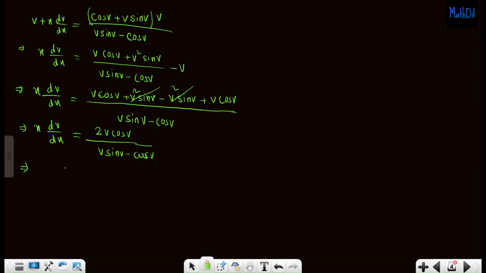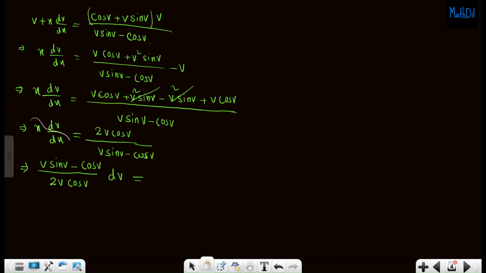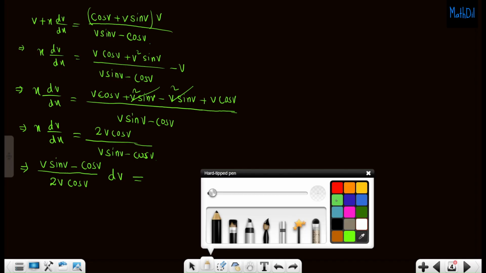You will get, see, here is my dv, okay. See, if you take this term to this side, then it will be reciprocal, so it will be v sin v minus cos v by 2v cos v, right? And dv, it will be equal to, if you take this term to this side, then it will be dx by x, right, as usual.